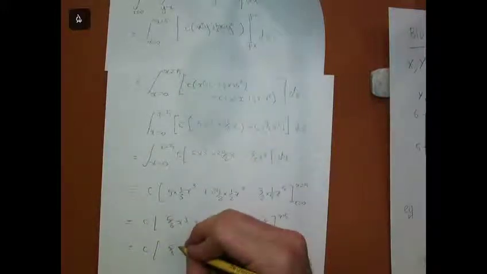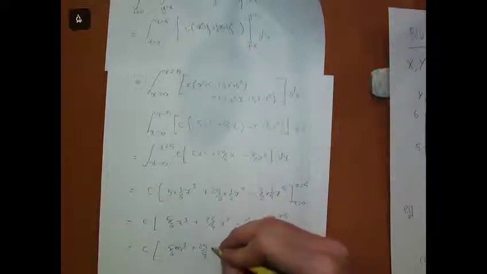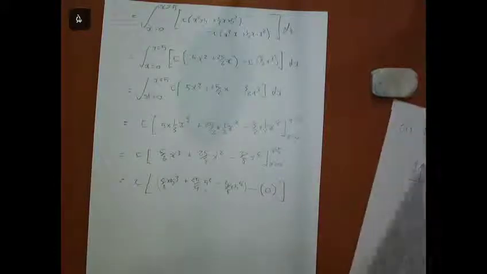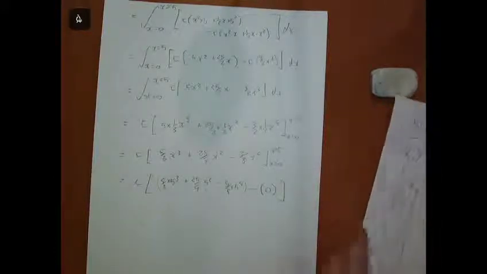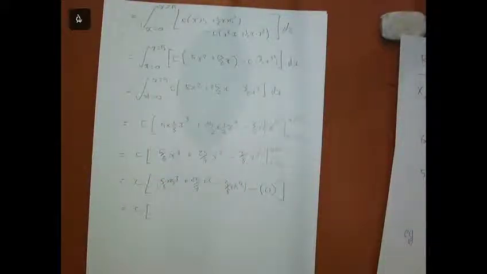Well, 125 is 5 cubed, plus 25 on 4 times 5 squared minus 3 on 8 times 5 to the 4, minus, and if I sub 0 into any of those, it'll all come to 0. Should be careful, sometimes it doesn't. If there's an e to the power of, if you sub 0 in, it won't come to 0. And so I get something ridiculous.